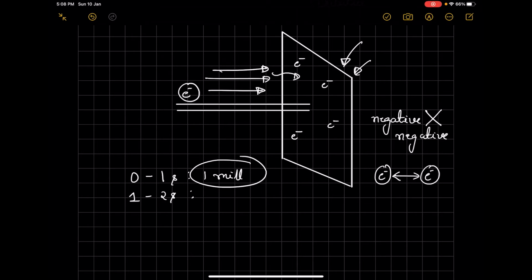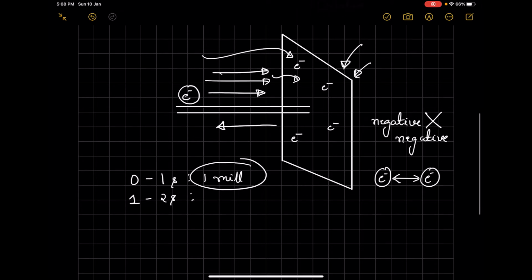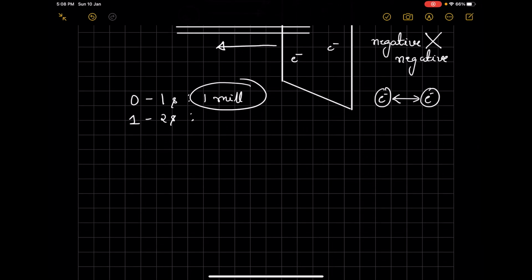So as and when electrons start accumulating on the plate, they are going to oppose the new electrons that are going to come and accumulate on the plate. So as time passes, say this might be 0.8 million, and at this point you have 1.8 million electrons.